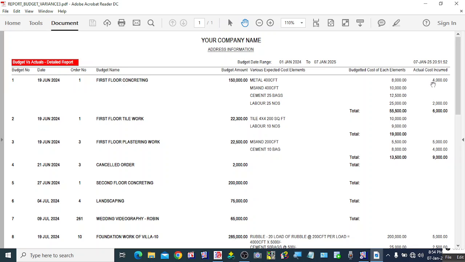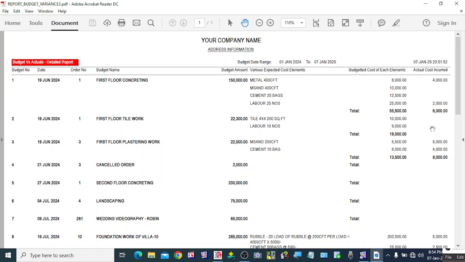Out of that, we have only utilized 4,000 worth of metal. For labor, 25 numbers, for 25,000 we have budgeted. At the moment, the actual labor cost incurred is only 2,000. So out of the 55,500 budgeted cost, the actual incurred is 6,000.